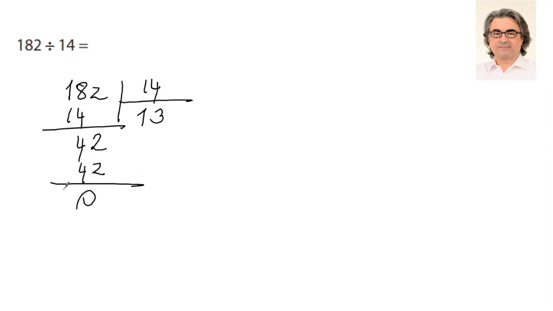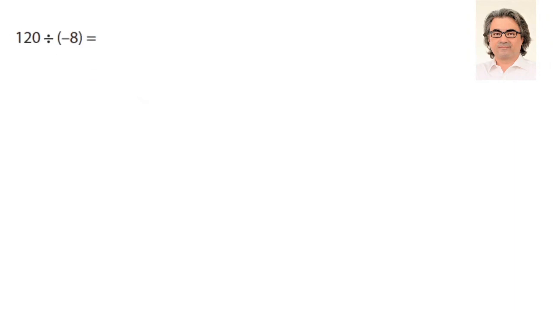So the remainder is 0. So I took from this operation 13 groups. In each group I have 14 objects, and totally I have 182 objects. I think you understand well. Continue with the next one.